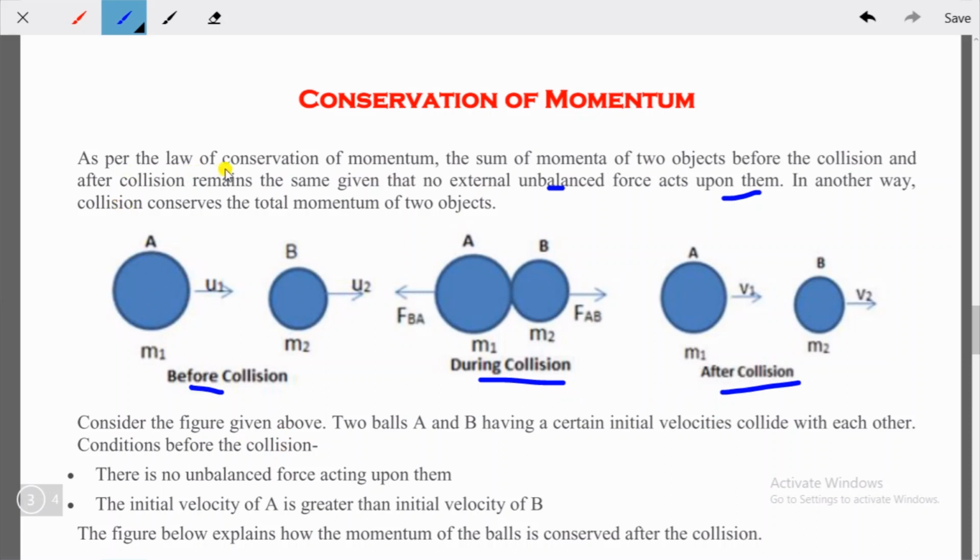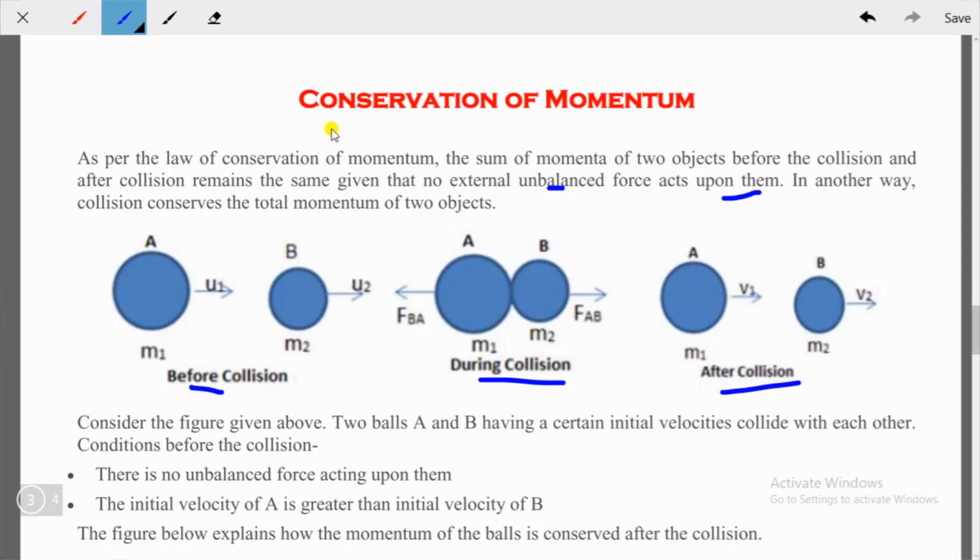As per the law of conservation of momentum, the sum of the momenta of two objects before collision and after collision remains the same. If we have two bodies, both will have two different momentum. They collide and then are separated again.